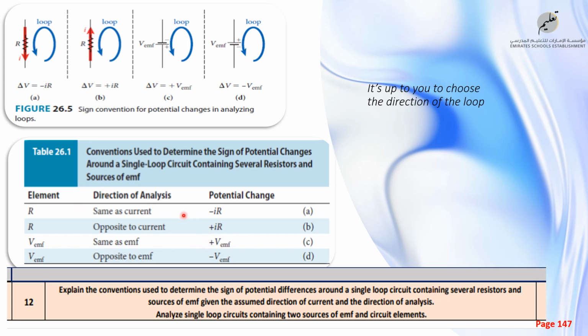So that table is equivalent to the sign convention here. Where both have the same direction as the loop, you need to include minus. And if the loop is leaving from the positive side of the battery, then it's positive.